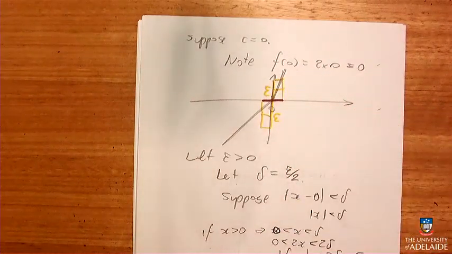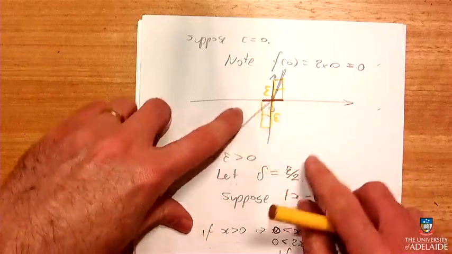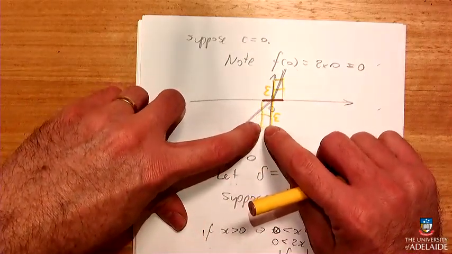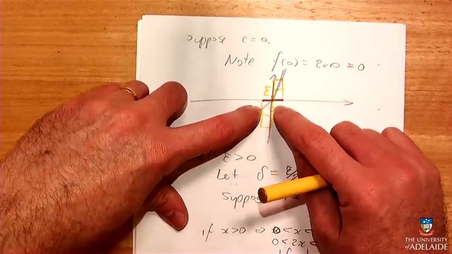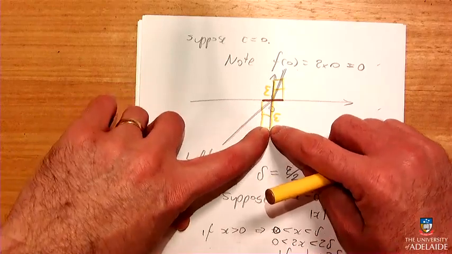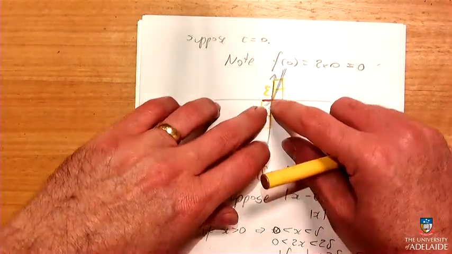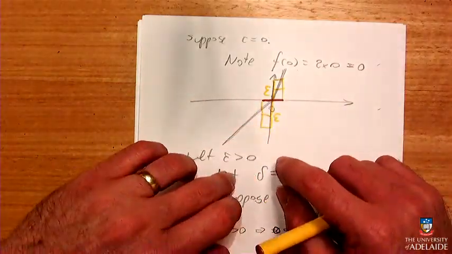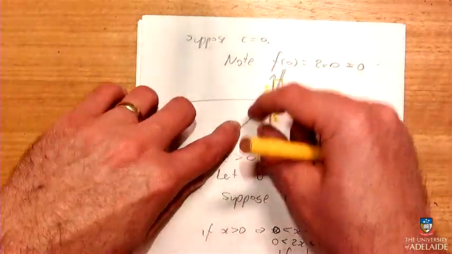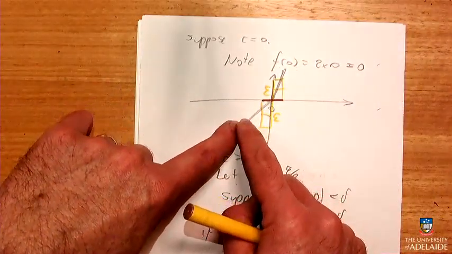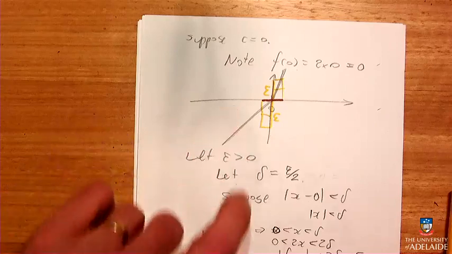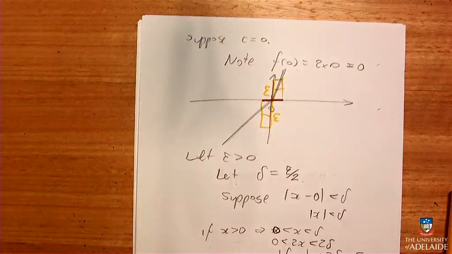And based on that epsilon, I can pick this delta for this. No, that doesn't make sense. No, that's okay.